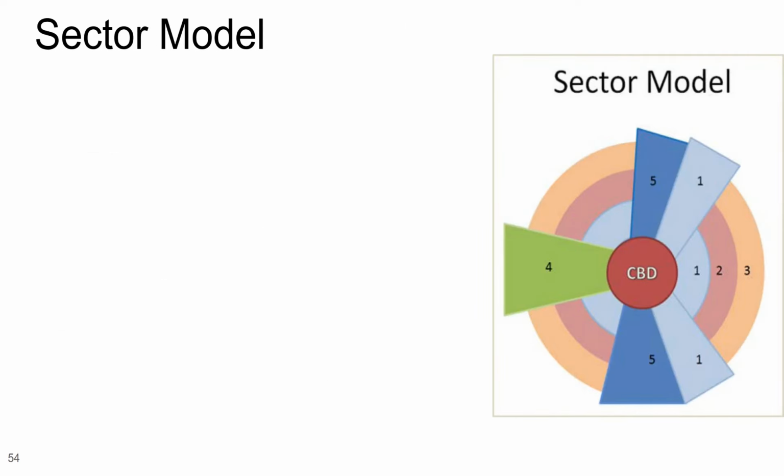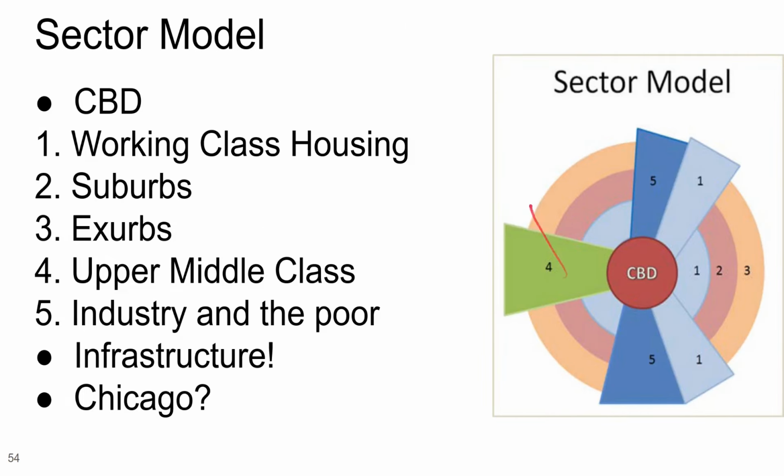Next up is the sector model, where you've got a central business district. And now instead, well, we've got some rings, but we also just have these like lines. And Chicago, great example of this, with, for example, the rail lines coming off the center. So the wealthy are going to live off of these rail stops, or the poorer people are going to live off the rail stops.